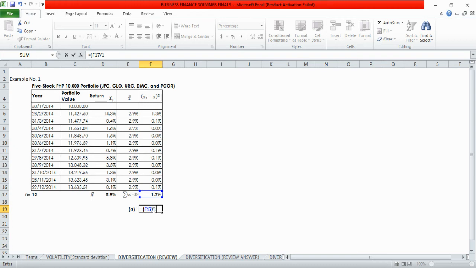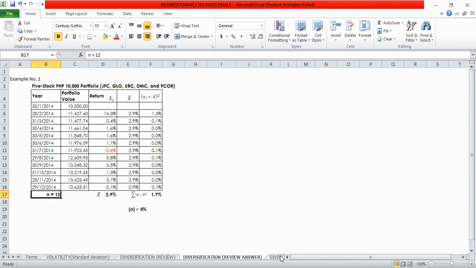Or if you want a complete formula, just let us write this one. And don't forget your close parenthesis raised to open parenthesis 1 half. Then you will have this answer. Don't forget that is how you do your activity. And that is the same here.